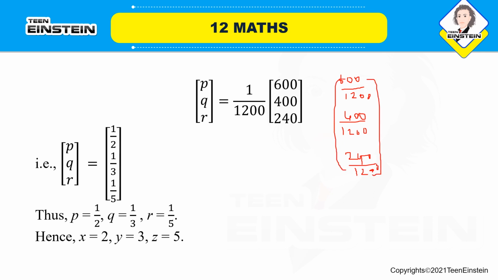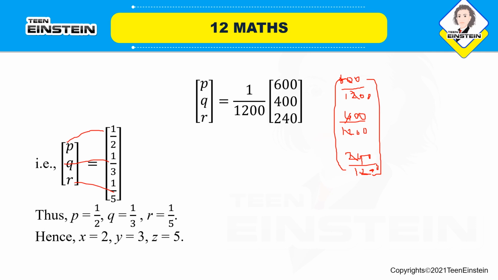Now simplify. Here you will get 1 by 2, 6 by 12 is 1 by 2, and 4 by 12 is 1 by 3, 24 by 12 is 1 by 5. Okay, so 1 by 2, 1 by 3, 1 by 5. On equating, P value is 1 by 2, Q value is 1 by 3, R value is 1 by 5.